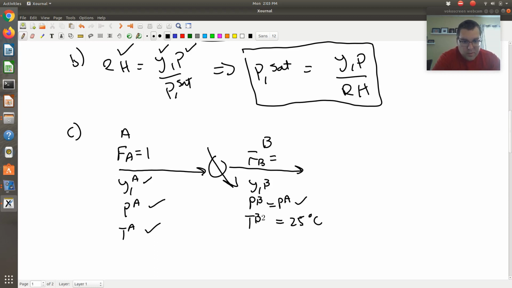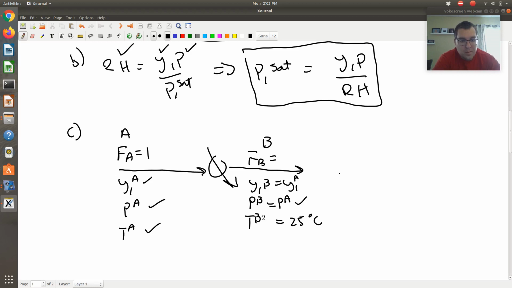What's so special about 25 degrees C is we said that's the dew temperature of our mixture. So if I'm cooling down to 25 degrees C, then Y1B is just going to be equal to Y1A.